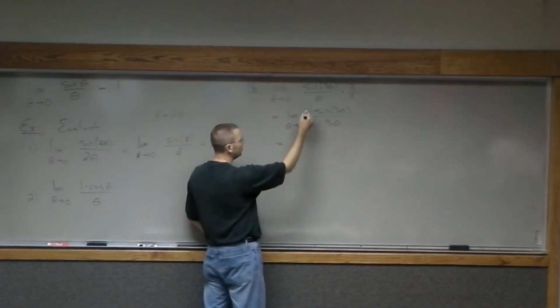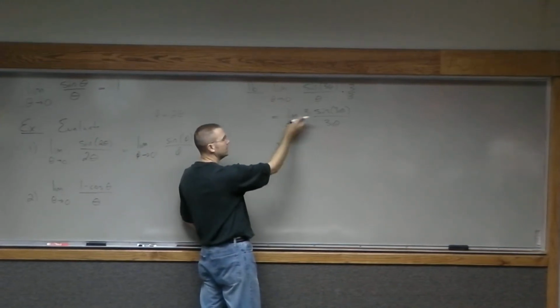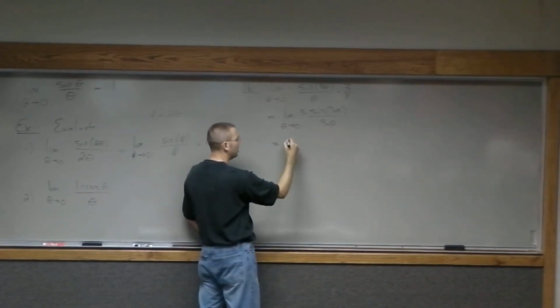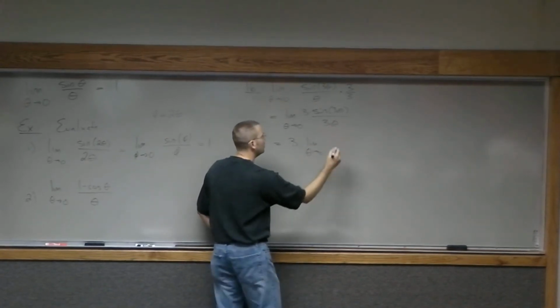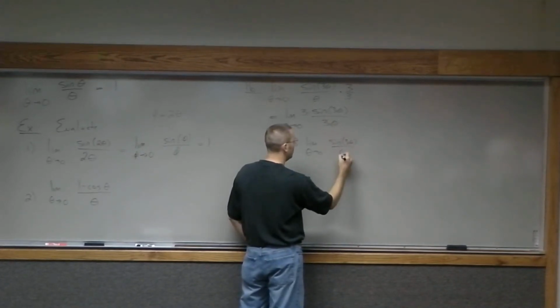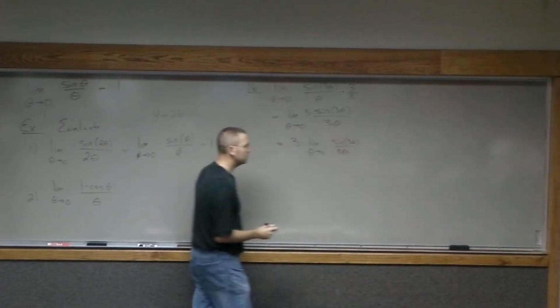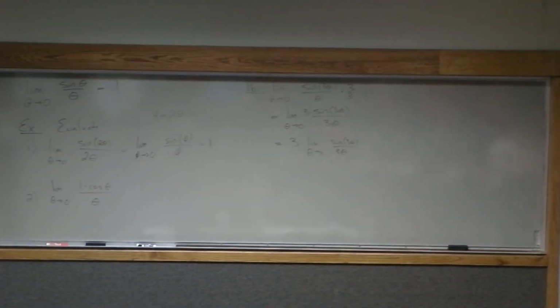One thing I can do first is pull the 3 outside, because I can pull constants past limit signs, remember? Then what I'm left with is the limit as theta goes to 0 of sine of 3 theta divided by 3 theta. What's the limit of that function right there?